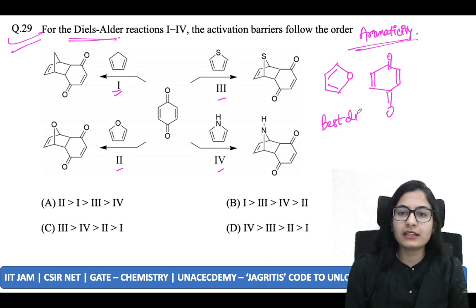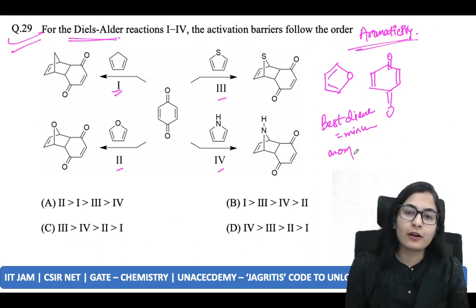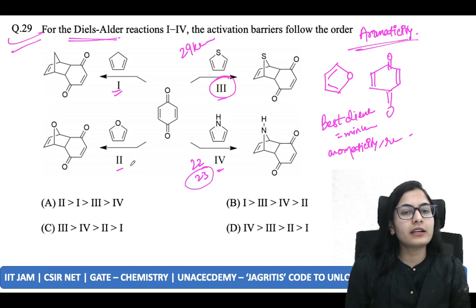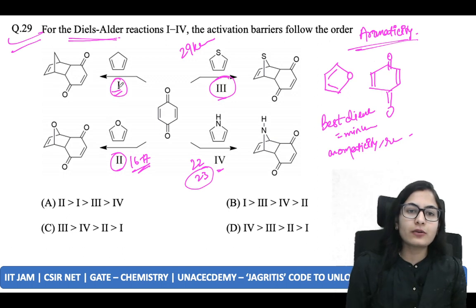The best diene is supposed to have minimum resonance energy, matlab ki minimum aromaticity and minimum resonance energy. That is why it is going to be the best diene. So the order of resonance energy is 29 kilocalorie per mole for benzene, for pyrrole it is 22 or 23 kilocalorie per mole, and for furan it is 16 to 17 kilocalorie per mole. So this is minimum, and the first one has absolutely no aromaticity over here.